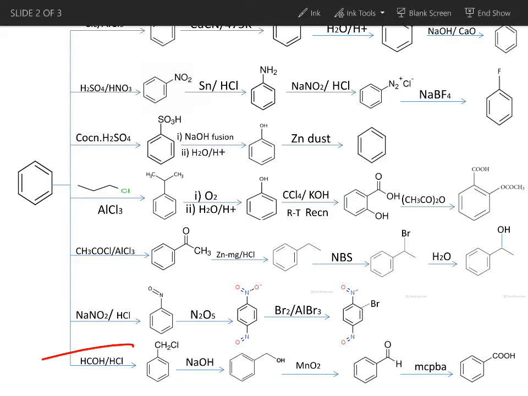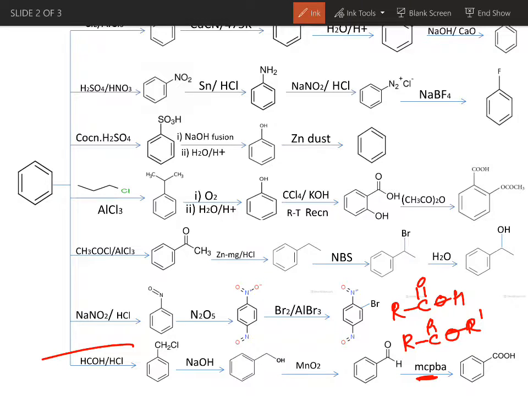Now the working of this reaction, as already told: here R-C double bond O-H. With the help of this metachloroperbenzoic acid, it will introduce an oxygen between the carbonyl carbon and the hydrogen of the aldehyde. If it is reacting with a ketone, C double bond O R, it will introduce an oxygen between the carbonyl and the alkyl group.